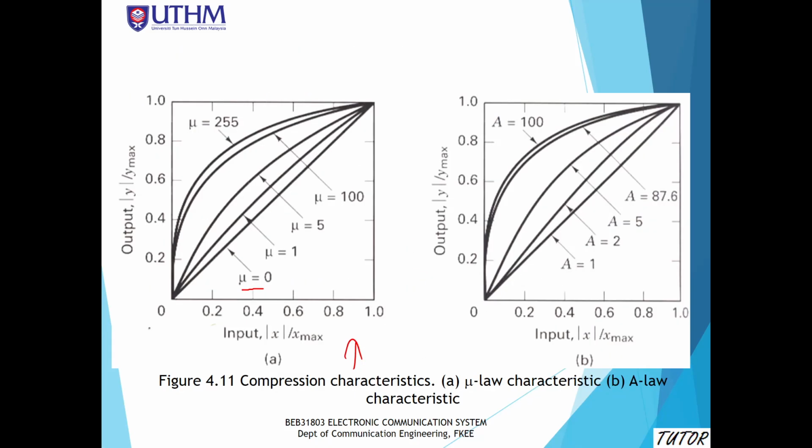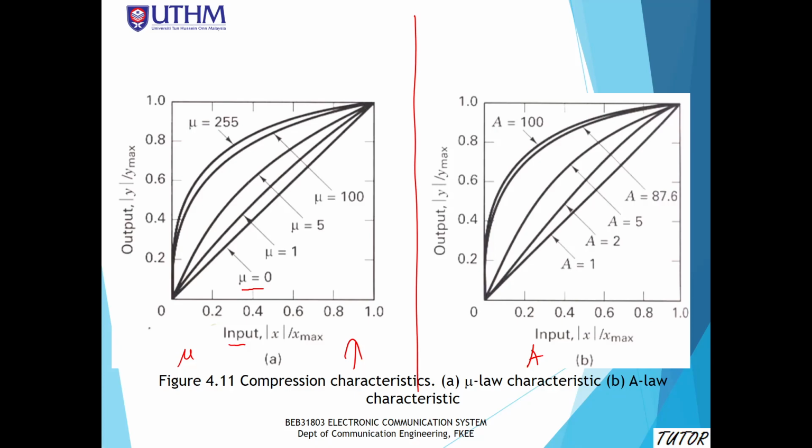So let's go through this. You see the compression characteristic for mu law on the left and A law on the right. This is the output of the compander given the input signal.